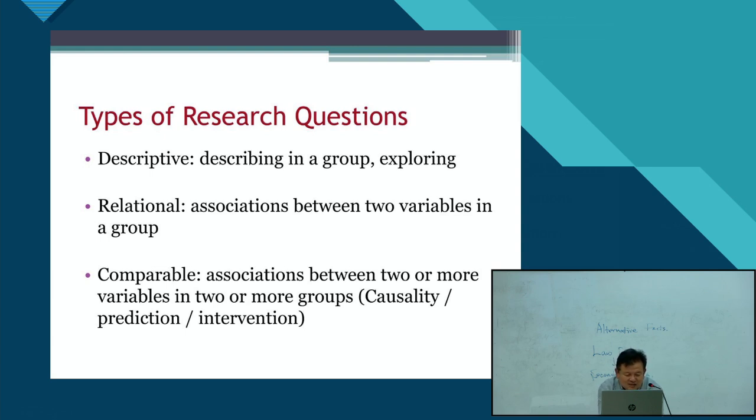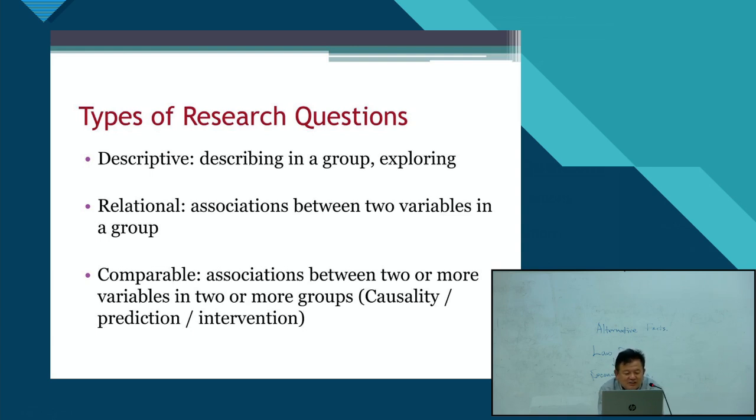Descriptive means describing groups and exploring the characteristics of groups and society. Relational means the association between two variables in a group. We designate some groups, and then within the groups, for example boys and girls, we ask what the differences are, what the different characteristics are.